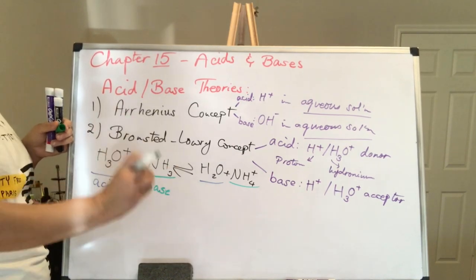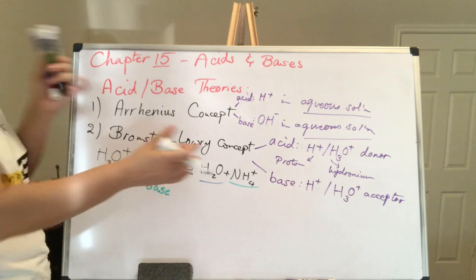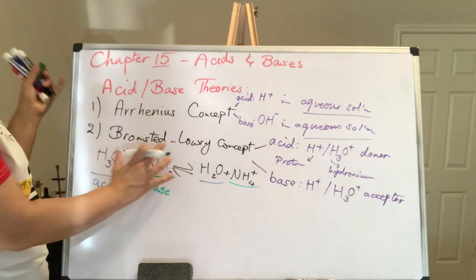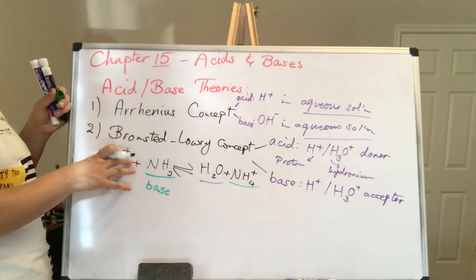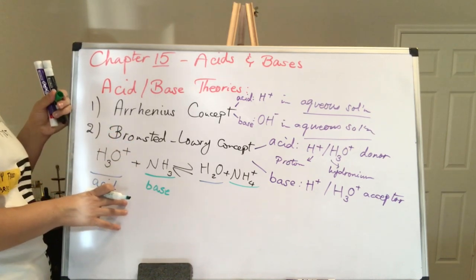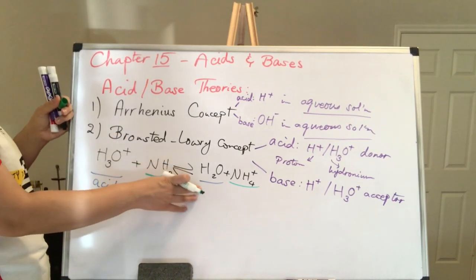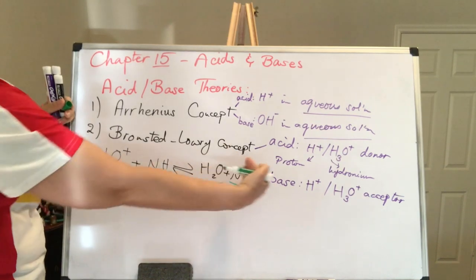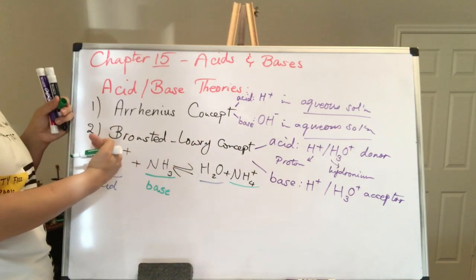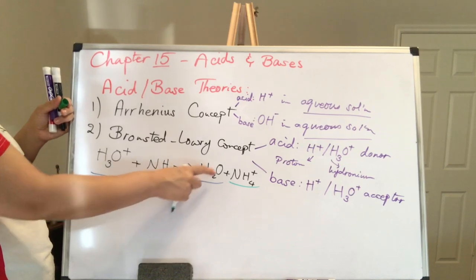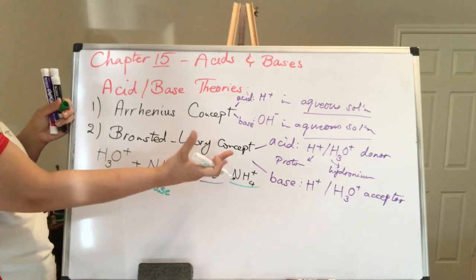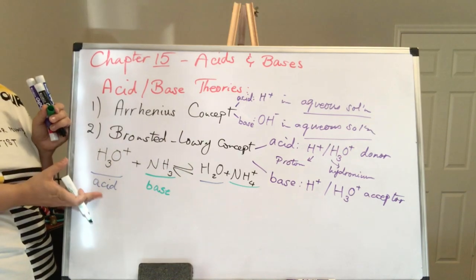Now, one more thing in this theory, it's a mutual relationship between left and right. So you see H3O+ has lost a hydrogen to change to H2O. But if the reaction goes back from right to left, H2O is going to accept the hydrogen to go back to H3O+, right?